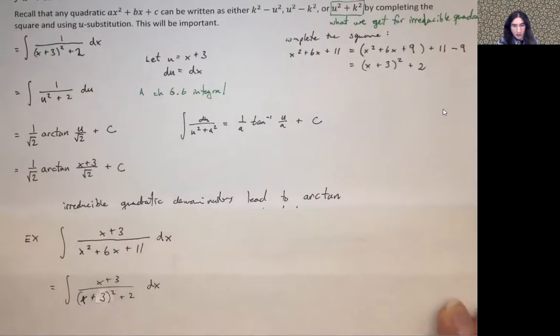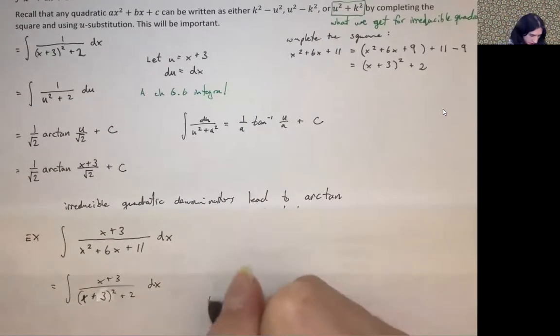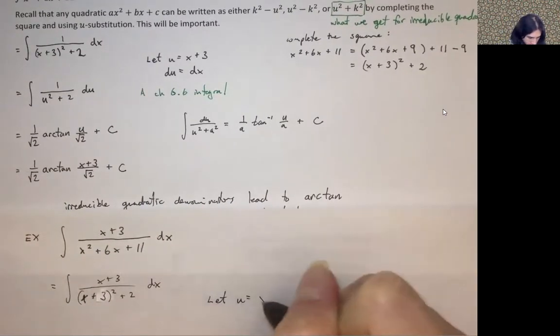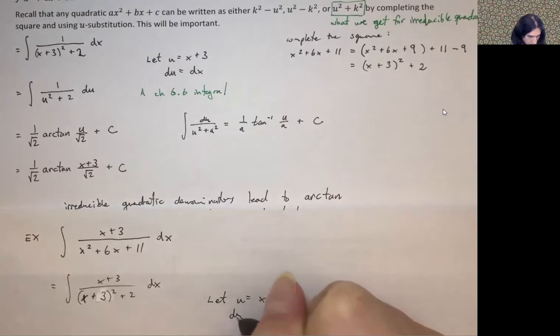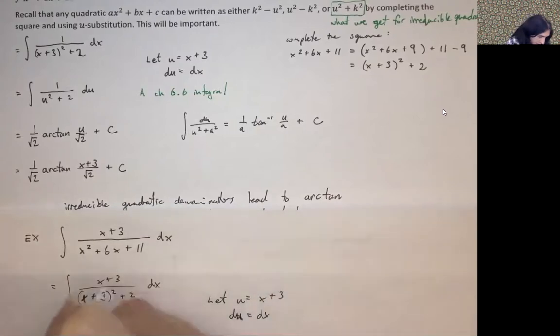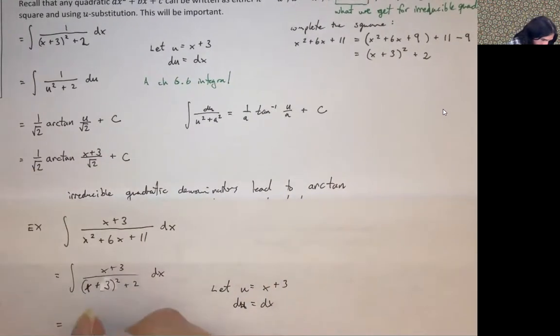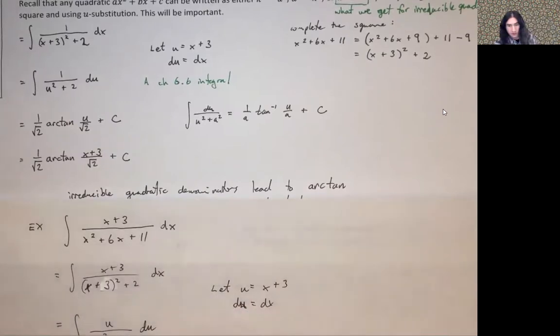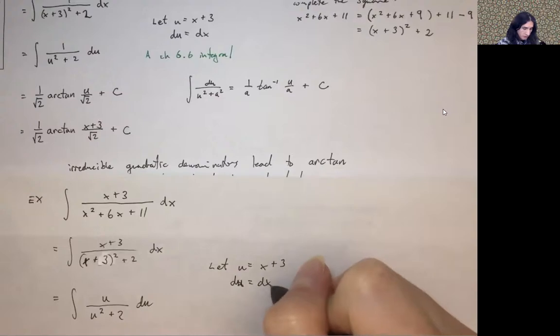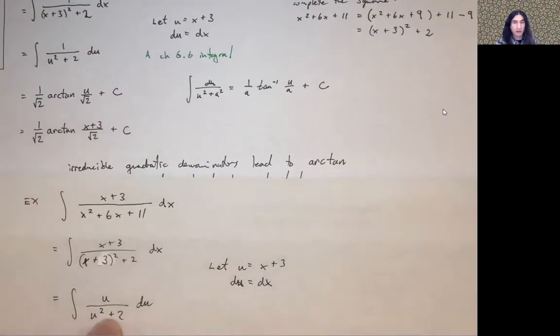Okay, and that means that now after I do my u substitution, I end up with a very nice integral of u over u squared plus 2, right? So this one is actually a Calc 1 integral.